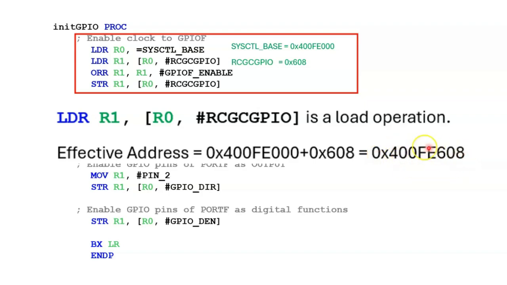So that is the effective address. What this instruction will do is load the current value at this address into register R1.